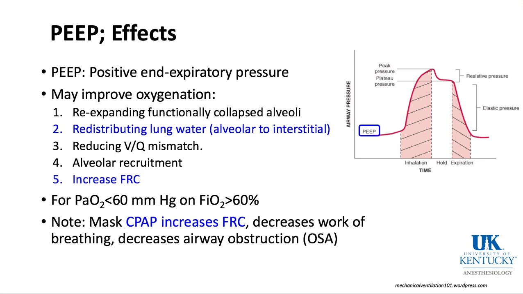We often will add PEEP in patients who are hypoxemic on FiO2s greater than 60%, and even CPAP, if you give it, let's say, to a patient in the recovery room, 5, 8, 10 centimeters of CPAP, that's going to increase the FRC, decrease the work of breathing, and decrease airway obstruction in patients with obstructive sleep apnea, the reason why they use CPAP at night.